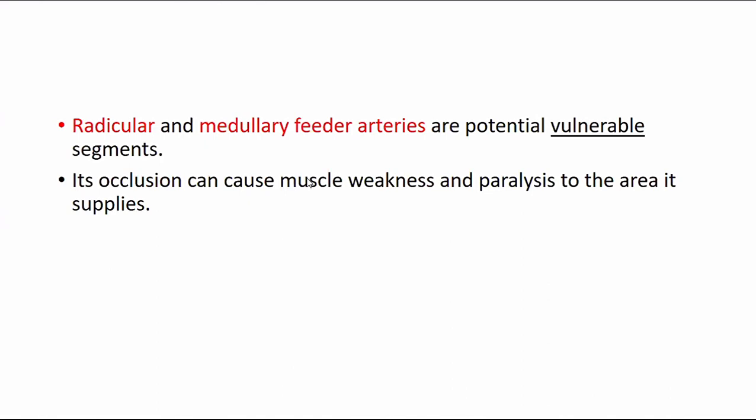So pag may nangyari dito sa radicular and medullary feeder arteries, it can cause muscle weakness and paralysis because the spinal arteries are insufficient to supply the cord below the cervical spine. Okay, klaro tayo dyan?